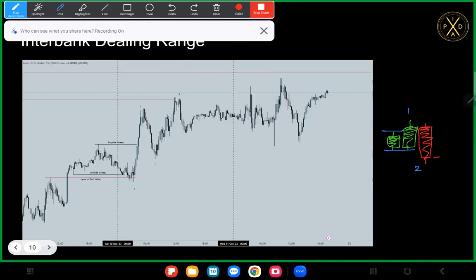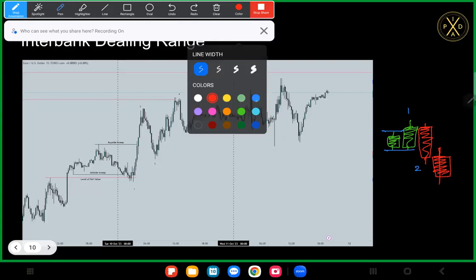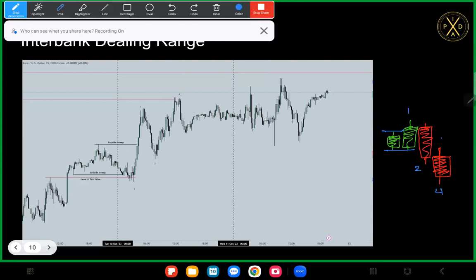We open that upper wick, that manipulation phase goes up within that level, and then price drops off from there, and then we get phase 4 right here. So this is phase 3, and then phase 4. All this is just an intrabank dealing range, and you'll see this play out in one of ICT's trades when we talk about it in the next slide.